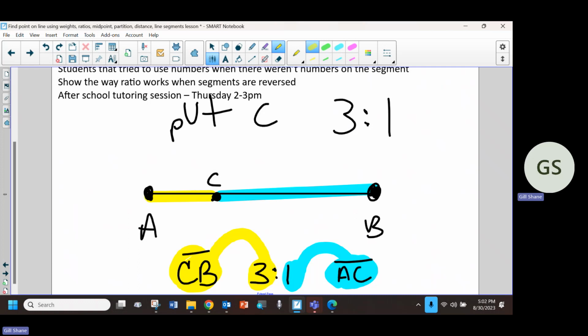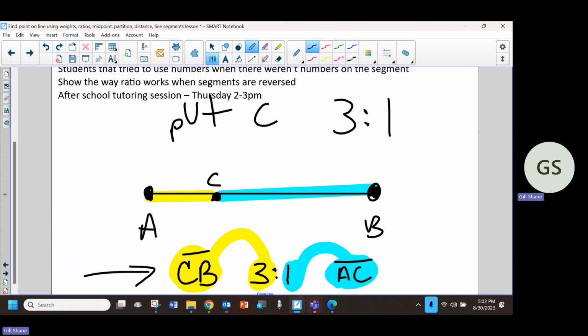So again, we always assumed that we were always talking about the left segment first and then the right segment. But in the book, they gave you some problems where they mentioned the right segment first, like this example right here. They talked first about the right segment CB, then gave you the ratio, which means the first number is the number for the right segment, not the left.